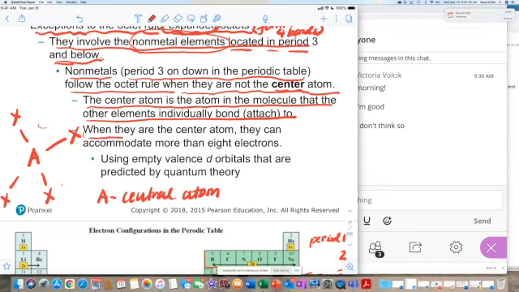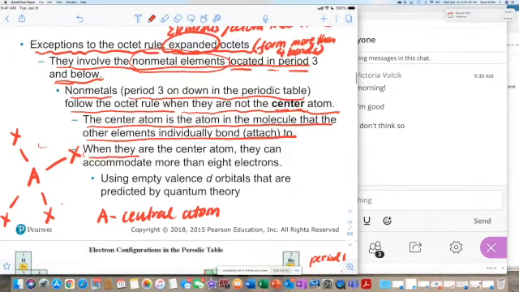Okay. Now going back to these elements in period 3, when they're the central atom, they can accommodate more than 8 electrons, because they can form more than 4 bonds. And how do they do that? They use empty valence d orbitals that are predicted by quantum theory. Don't worry about understanding this right now.